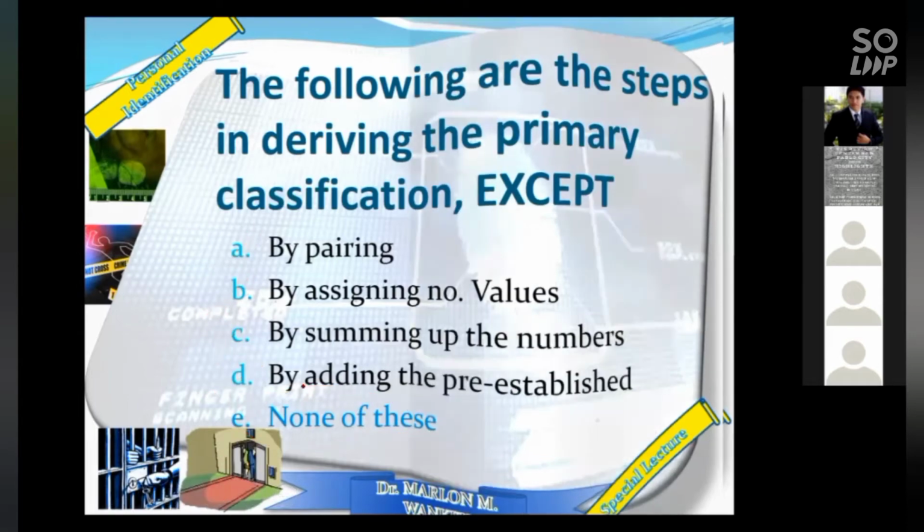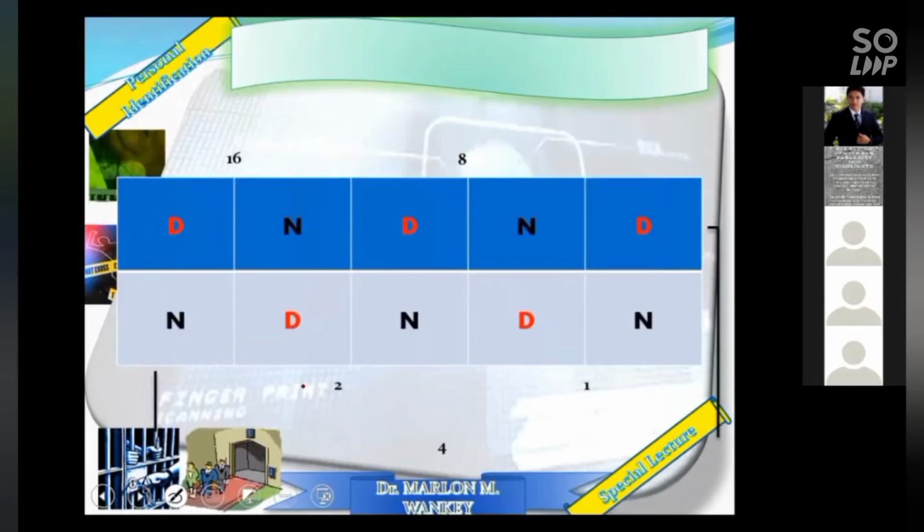So, here is an example. First, by pairing. Let us pair. The first pair is the right thumb and right index finger, and the value of the first pair is 16.